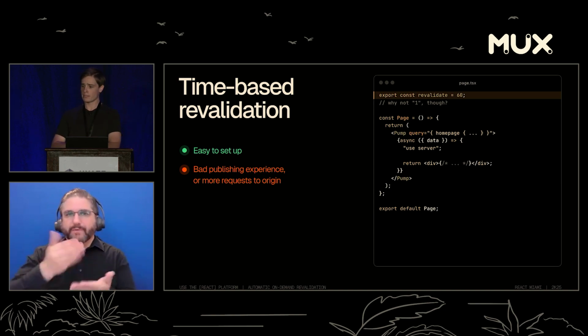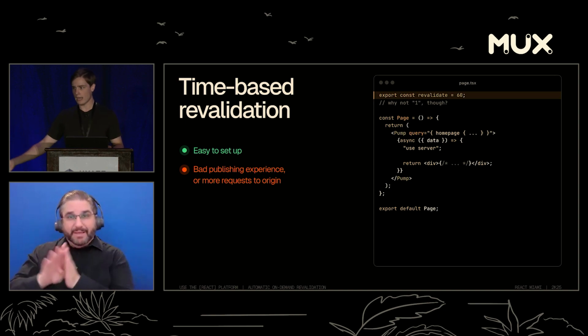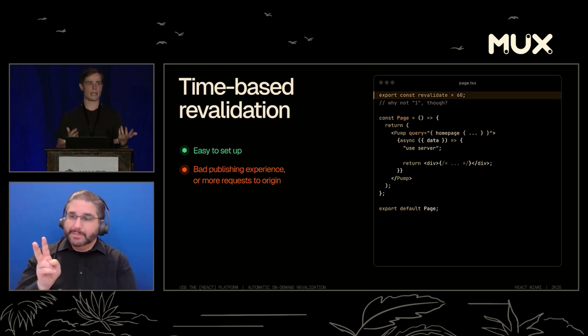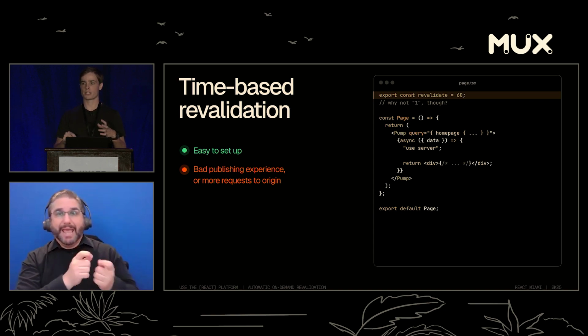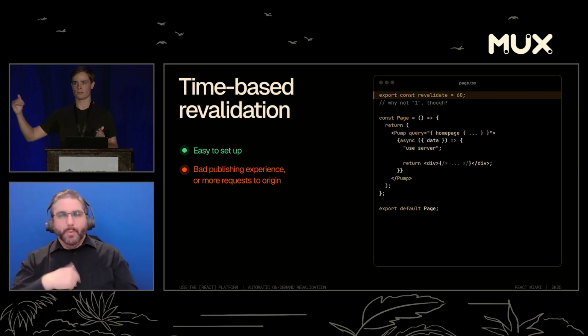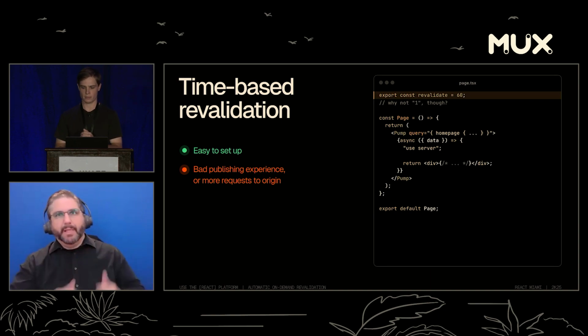The hard part about this is that if the dev chooses a number that's too high, say a minute or 2 minutes, then the content editors will press publish in their CMS, and will need to wait for a full minute or 2 minutes or whatever that number is until they see their changes live in their website, which is super tough.